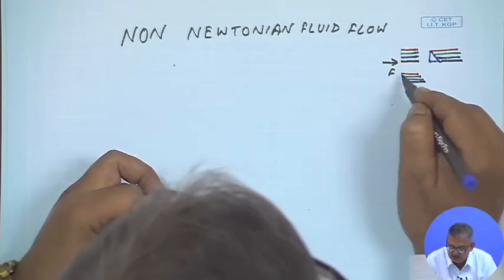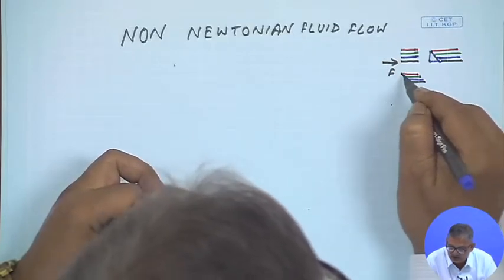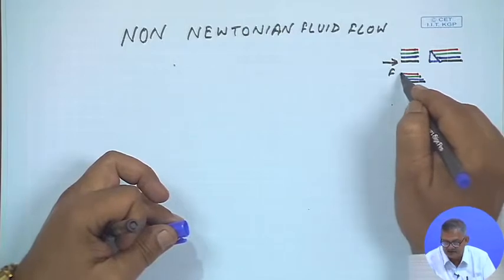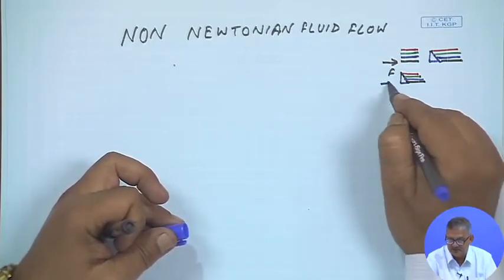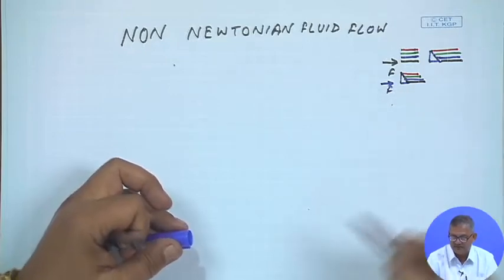So, there would have been a movement like this, because we gave the force F.